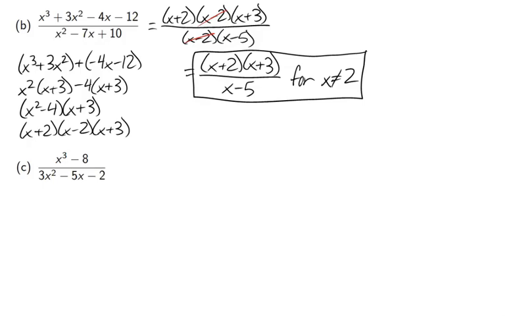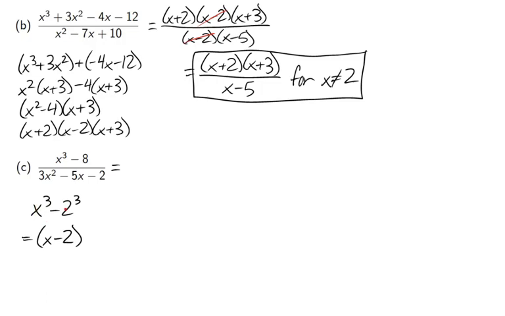Alright, let's continue. Now here, x cubed minus 8 is x cubed minus 2 cubed. That's a difference of cubes. So if you use the formula, which again I'll give to you on a test, but remember to always have it available for quizzes.